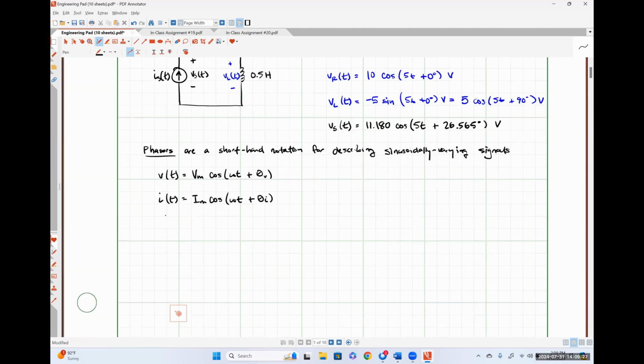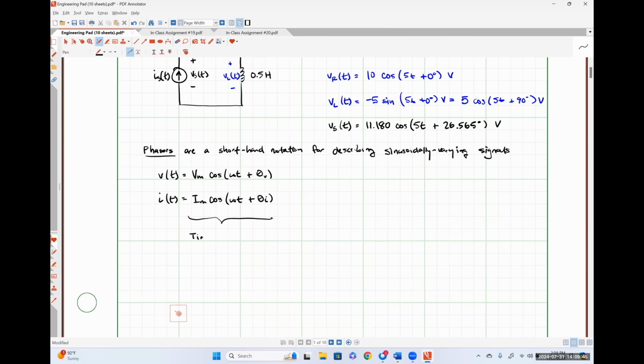These are what are called time domain representations of our signal. If we were to hook up an oscilloscope to measure a sinusoidally excited voltage, we would literally see a signal that is mathematically modeled by that equation.